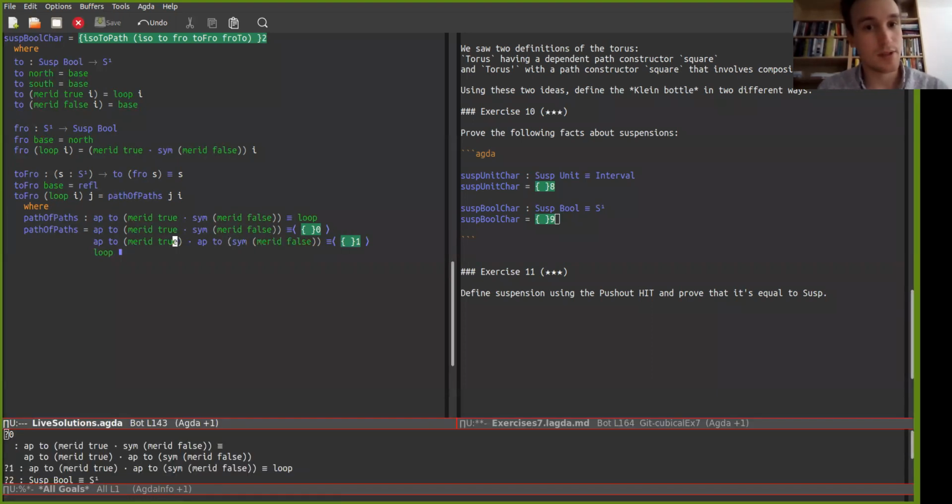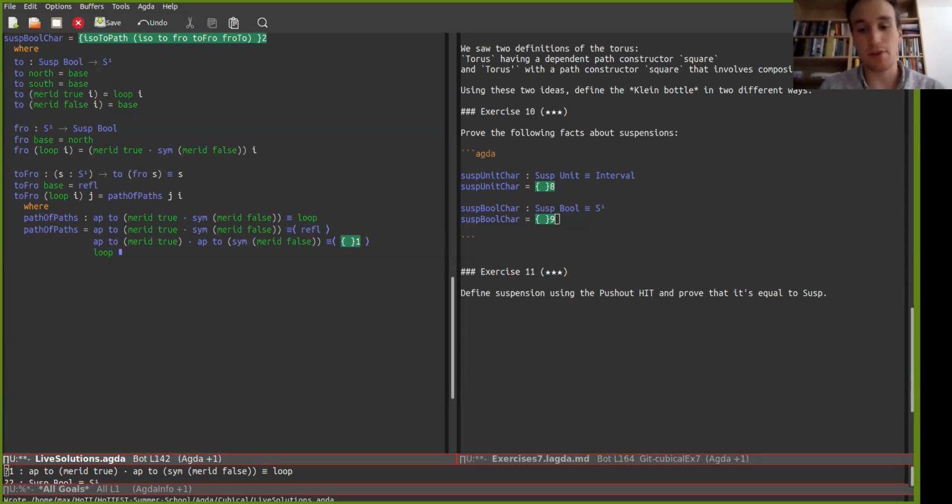So we can distribute app over path composition. And actually, this is not a very special lemma. This holds by REFL, at least in this case. I think it should always do that, actually.